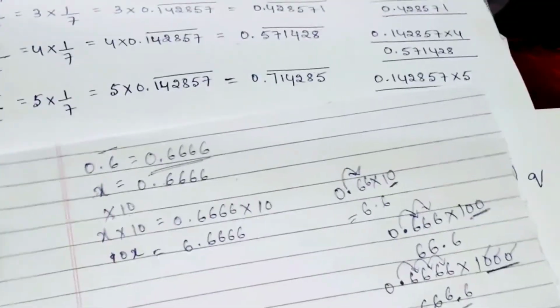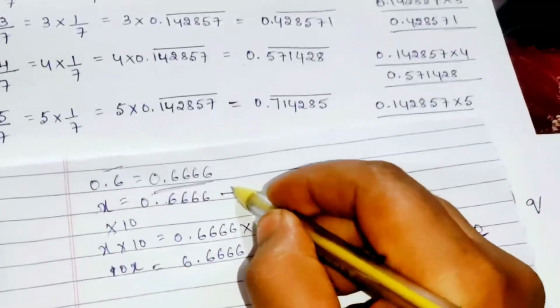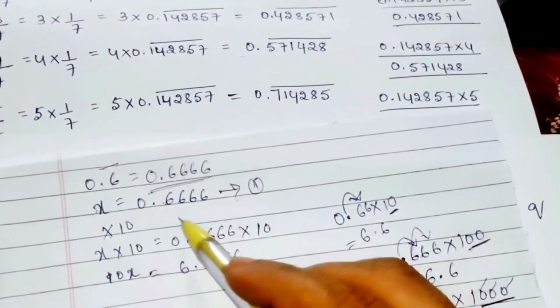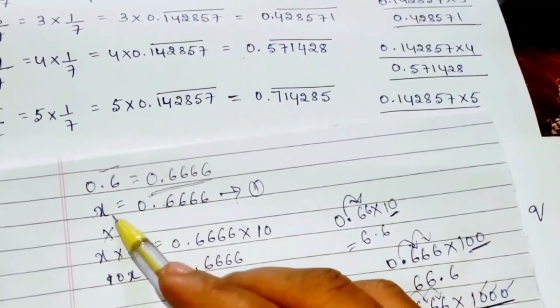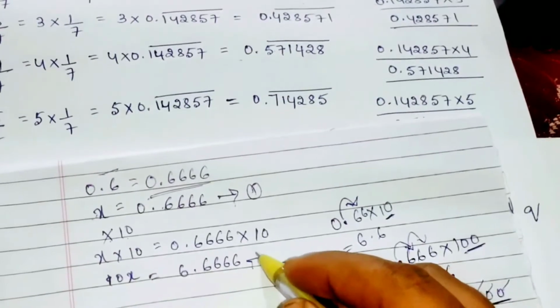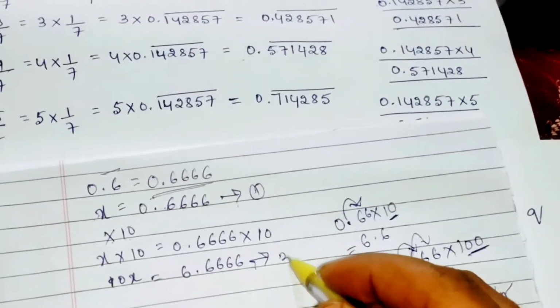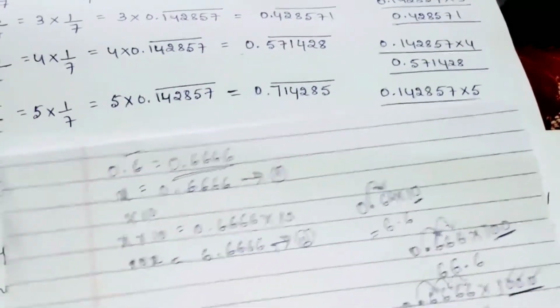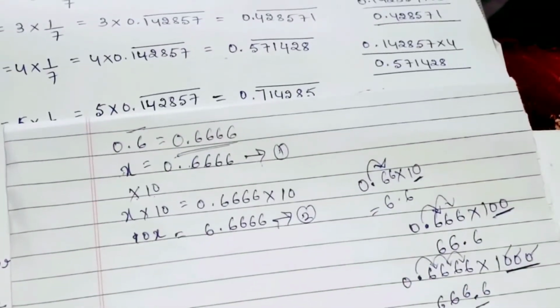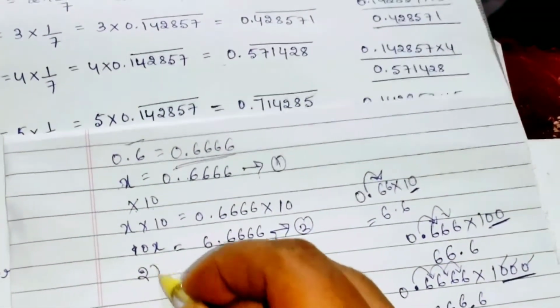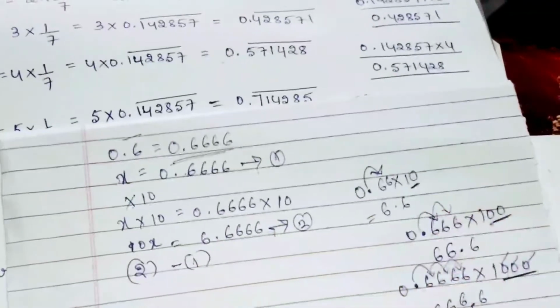Now let me call this equation 1, that is assigning 0.666 to x, and multiplying both the sides by 10, let me call this equation 2. Now what you have to do, you have to subtract: equation 2 minus equation 1.